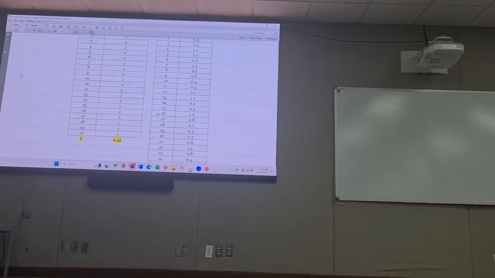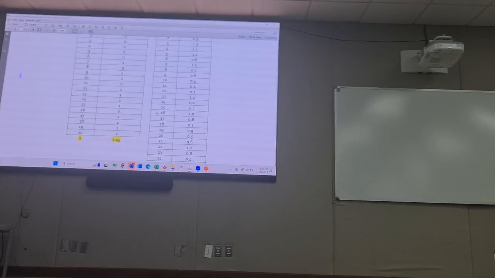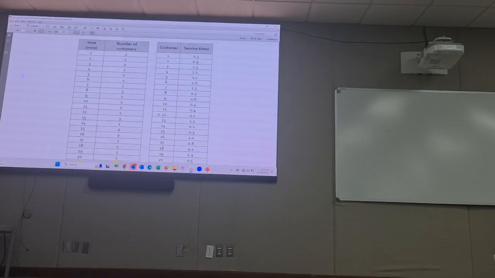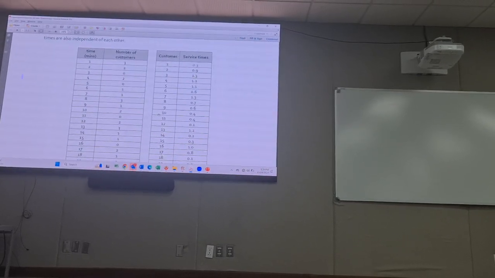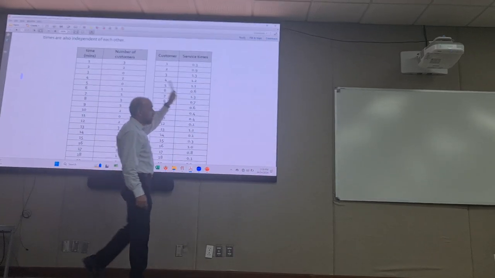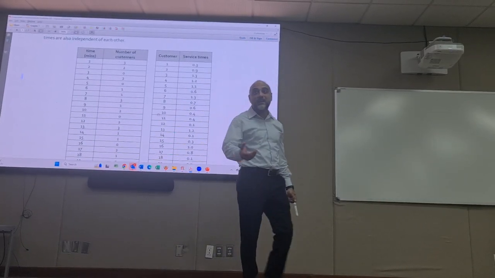Everybody understand that, lambda? But the other thing that has been given to you in the data is not how many customers coming in each minute. It has given you for each customer, how much is the service time.